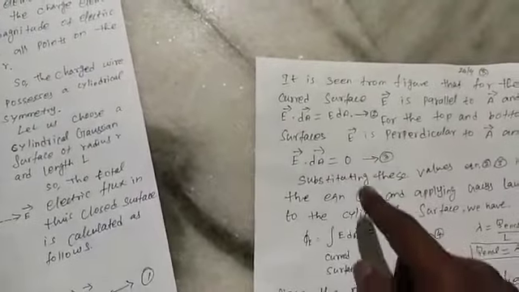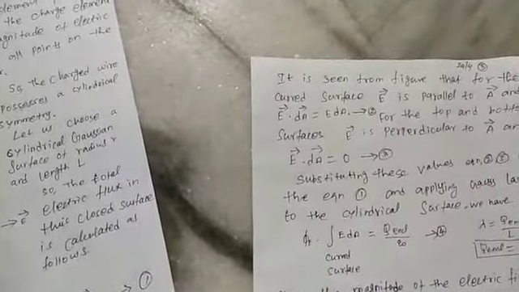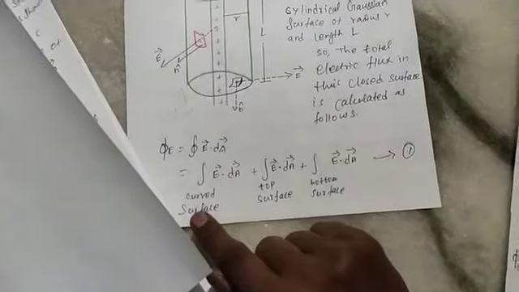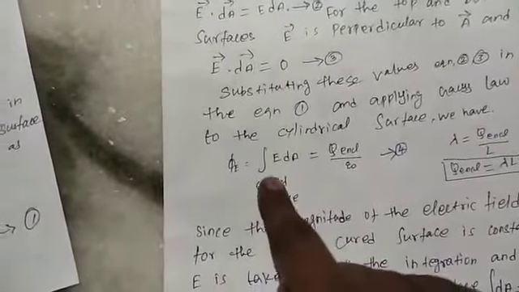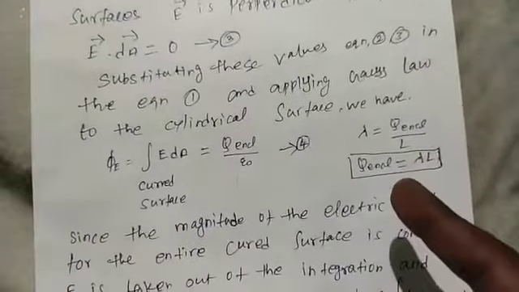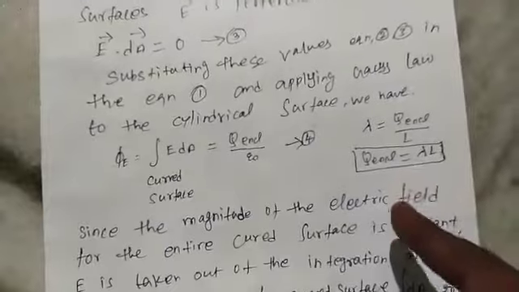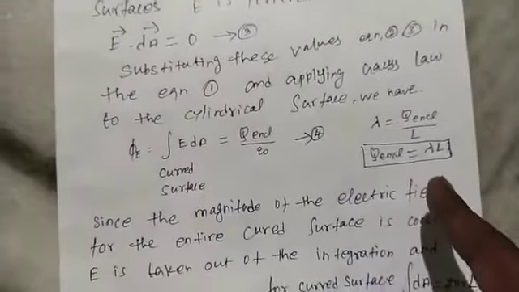The top and bottom surface terms are 0, remaining only the curved surface. Here the linear charge density lambda equals Q enclosed by L, so the enclosed charge is equal to lambda into L.